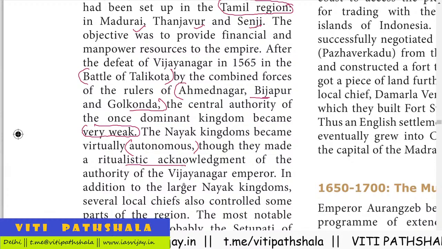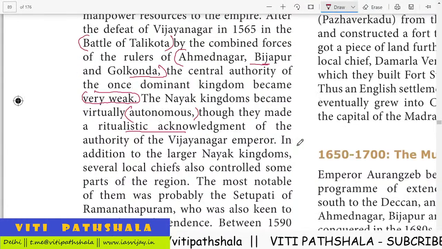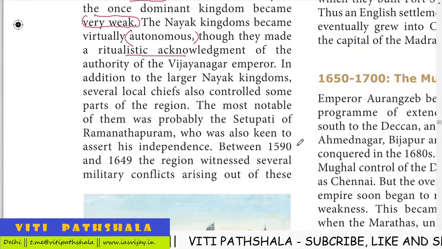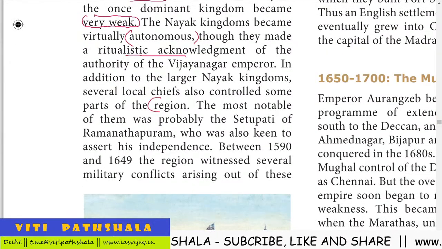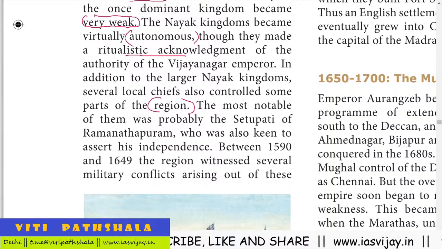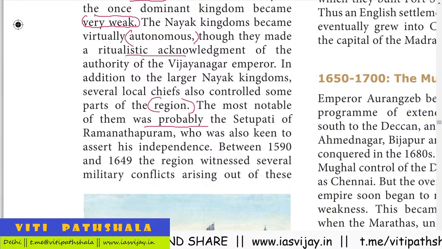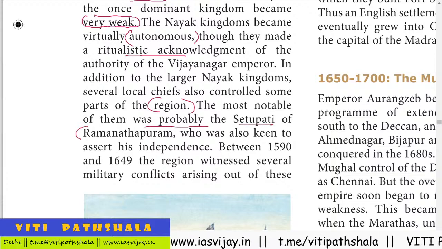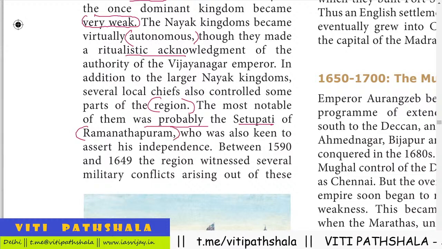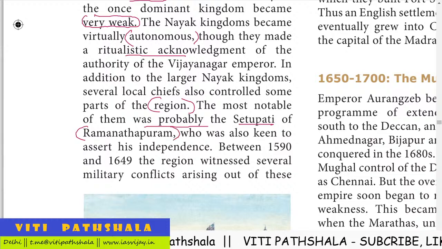In addition to the larger Nayak kingdoms, several local chiefs also controlled some parts of the region. The most notable of them was probably the Setupati of Ramanathapuram, who was also keen to assert his independence.